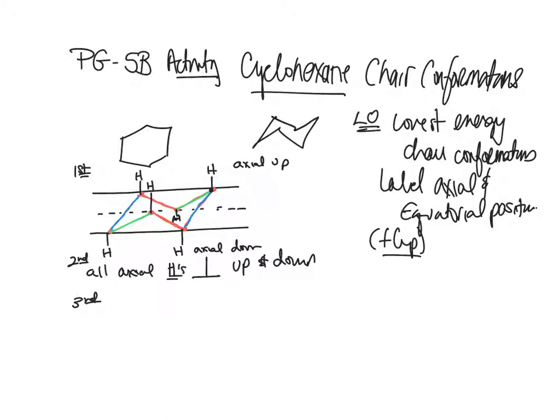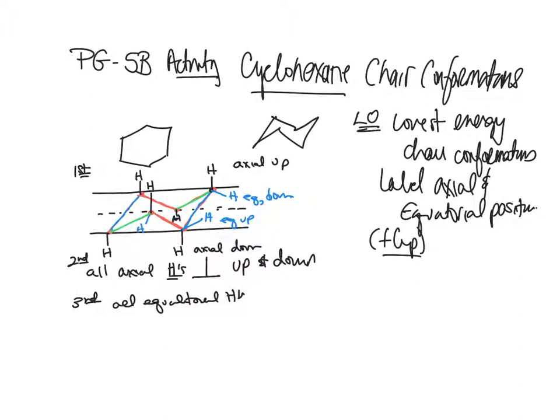And then the third thing you want to do is draw in all your equatorial hydrogens. If this is axial up, then this is equatorial down. Once this is down, this will be equatorial up. And it's also alternating. So this is axial up, this is equatorial down.